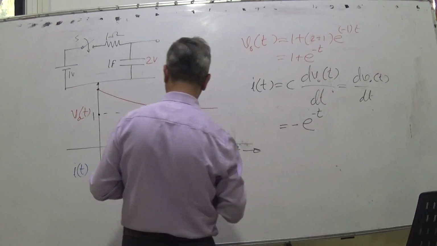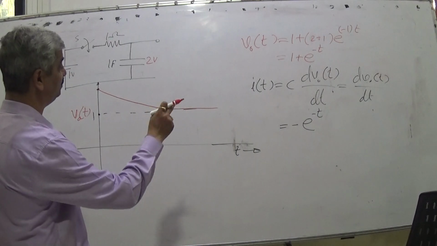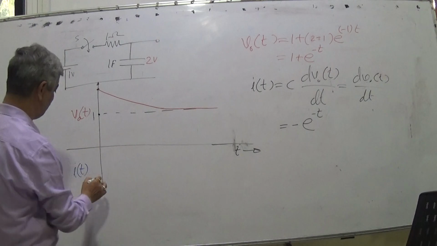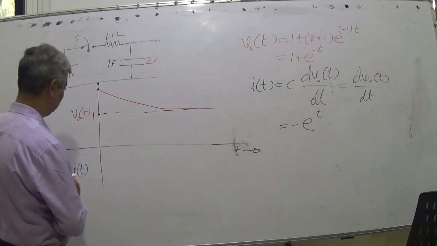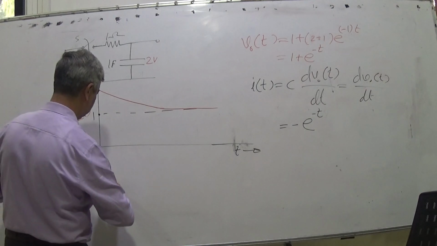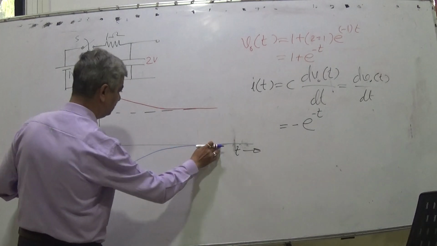At t equal to 0, e raised to minus t is 1, and minus will be minus 1 at t equal to 0, and then it will also slowly reach 0.